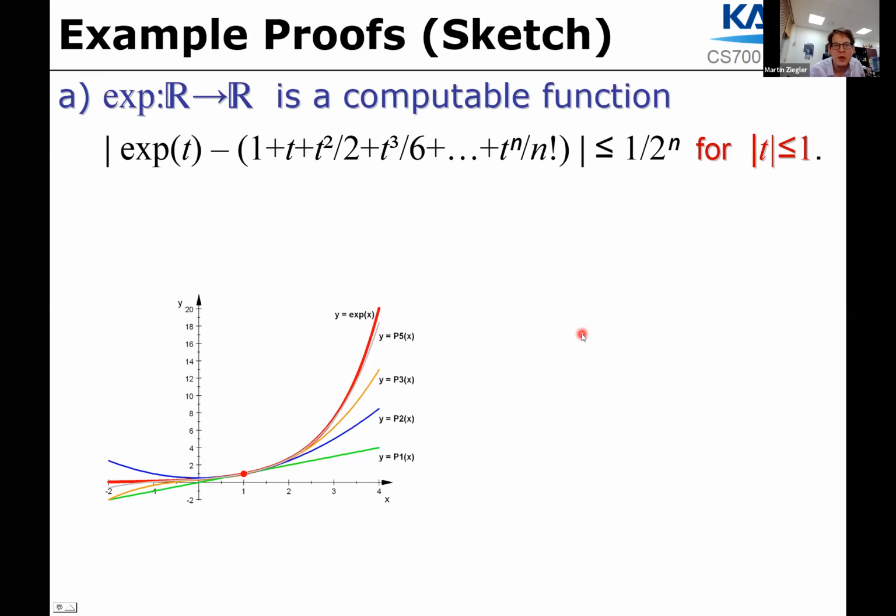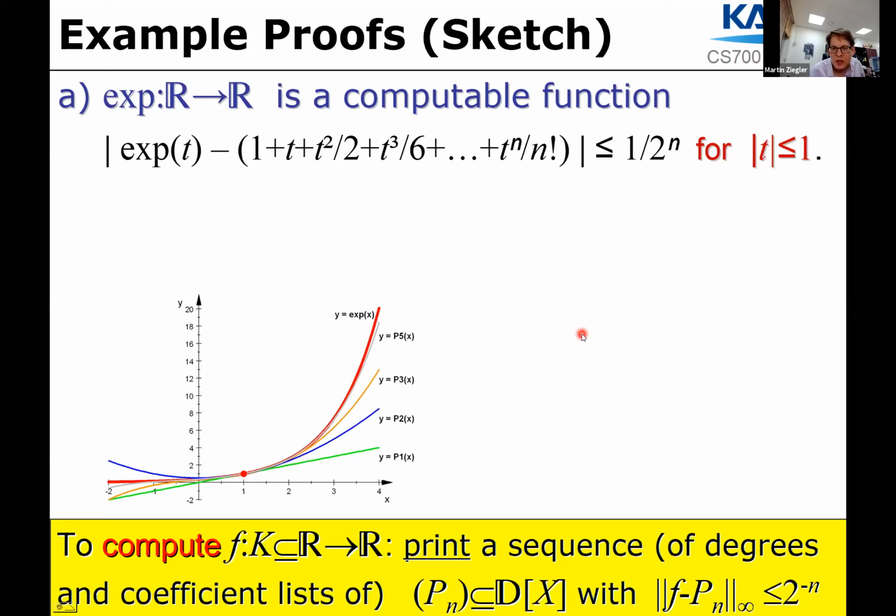So this proof sketch of computability of the exponential function refers to this definition of what it means to compute a real function on a compact domain, on a compact interval K, namely approximated by a sequence of polynomials uniformly up to error 2 to the -n, where the polynomials, that means their degrees and their coefficients, right?